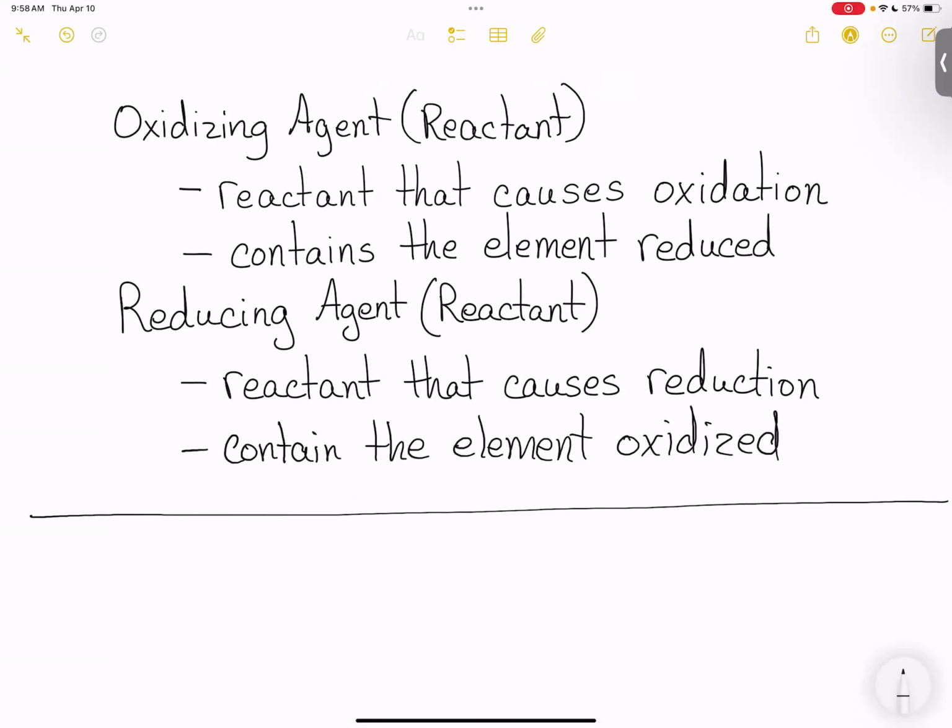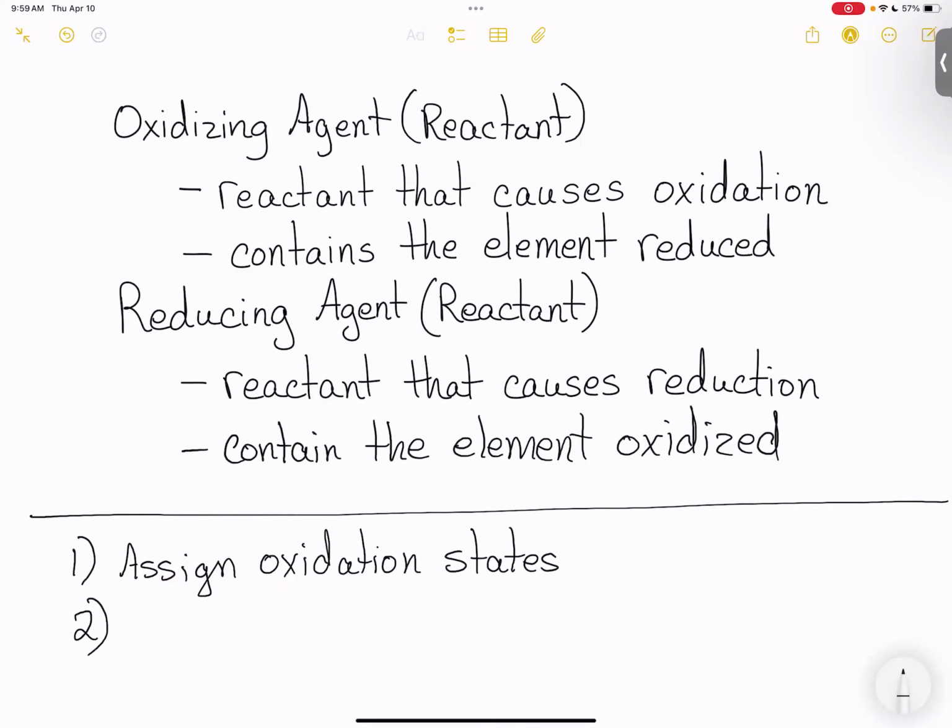Now that we have the definitions, we're gonna do some assigning. First thing we're gonna do is assign oxidation numbers, or oxidation states.